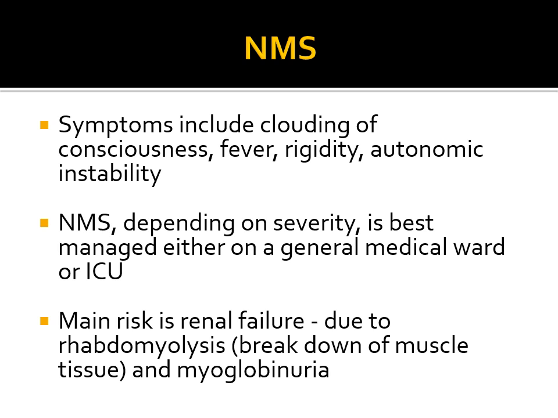The main risk in NMS is renal failure due to rhabdomyolysis and myoglobinuria. So rhabdomyolysis refers to breakdown of muscle tissue, and myoglobinuria refers to excretion of the muscle protein myoglobin in urine.